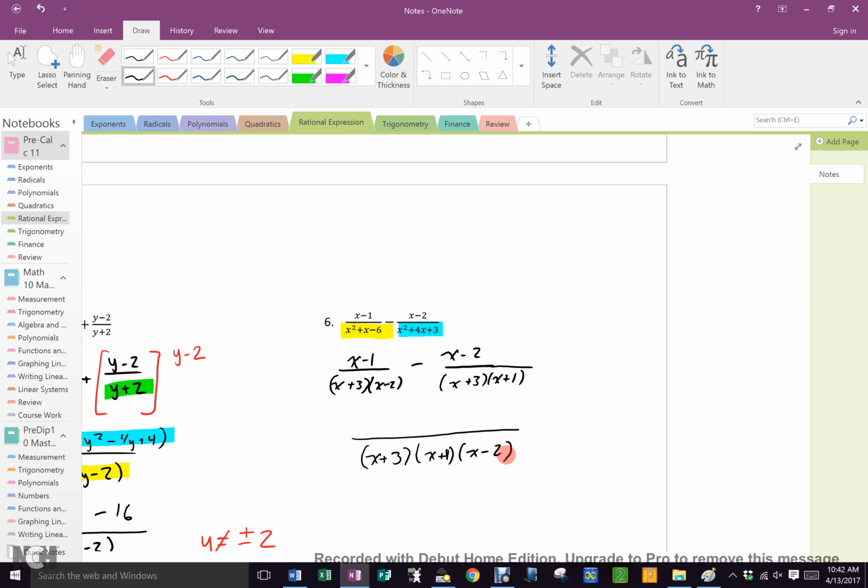Everybody cool? All right, now, I need all 3 of these in the denominator, don't I? What do I have here? I have 2 of them. So this term must need to multiply by the third one, right? What's missing here? X plus 1. So what does this guy have to multiply by?